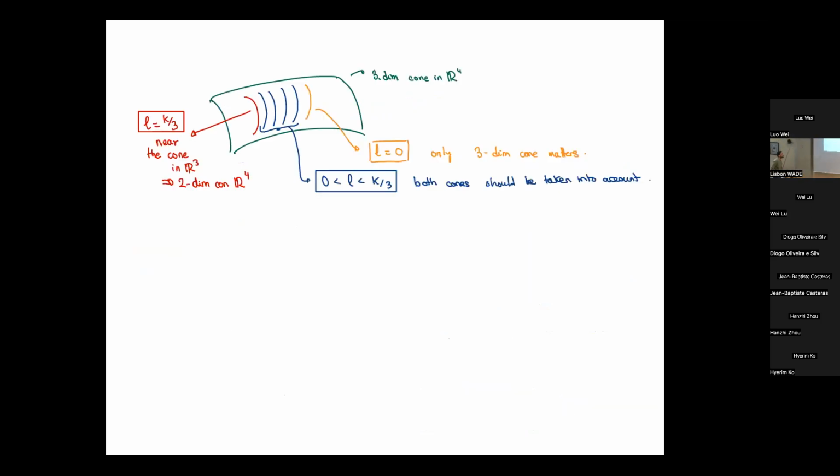So that is the geometry. This is the picture that we have. Now my space is R^4. This green manifold corresponds to the three-dimensional cone from the case L equals 0.